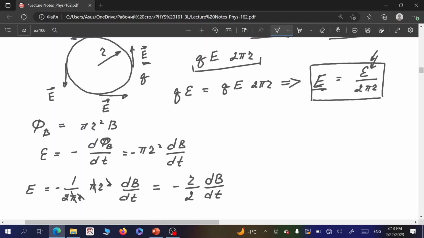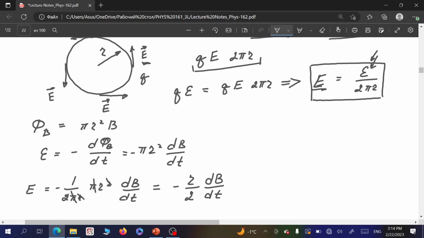So any change of magnetic field creates an induced electric field, and that is the origin of the electromotive force, which we discussed last time in the scope of Faraday's law, the induced electromotive force.